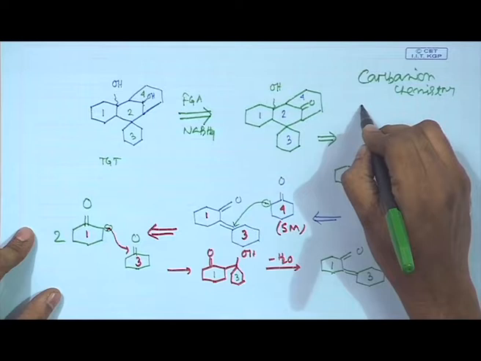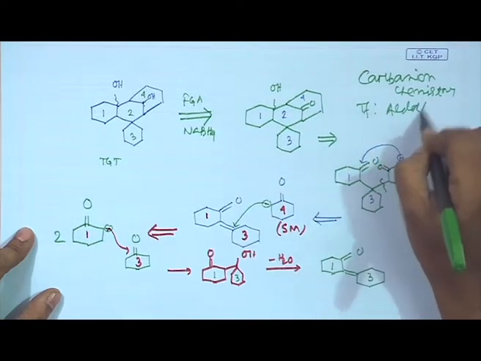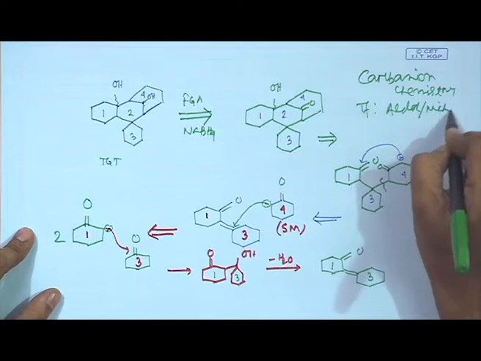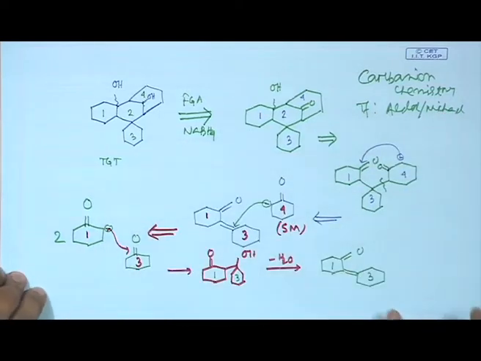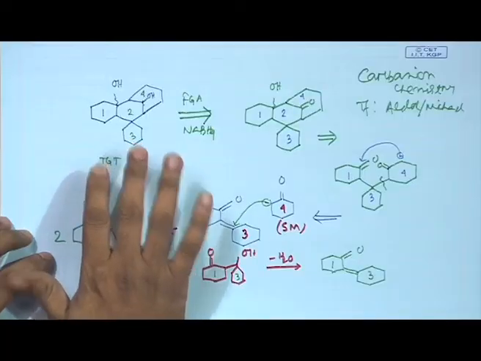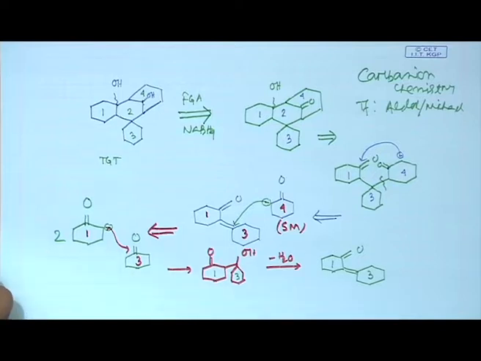So, this was a simple carbanion chemistry, and basically the transformations which you are using are aldol and Michael, nothing else, and then at the end we do FGA or FGI just to reduce the carbonyl compound. So, these simple substrates, and you can say that this approach is based on functional group based keto skeletal disconnection.